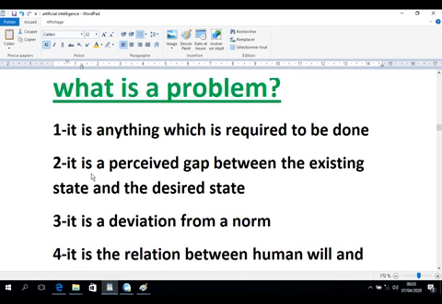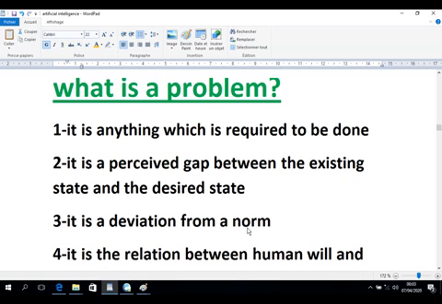What is a problem? There are many ways to define the word problem. First, it is anything which is required to be done. A problem is also defined as a perceived gap between the existing state and the desired state.